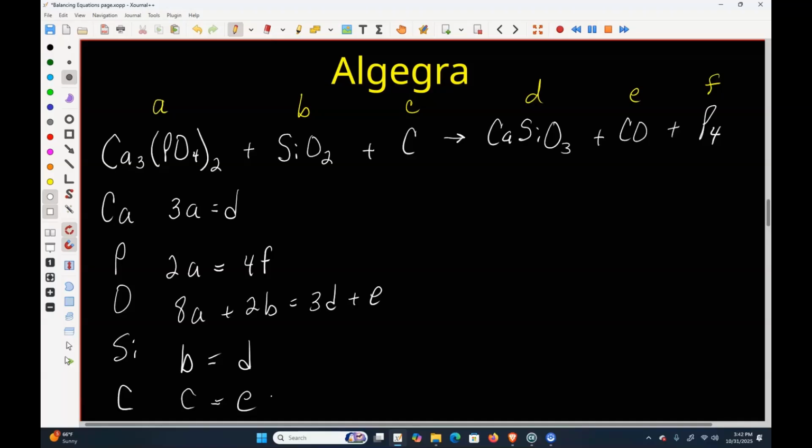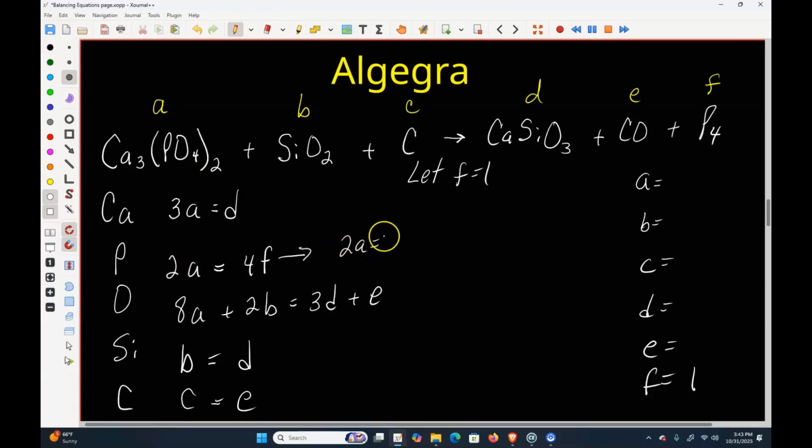Okay, let's decide which variable is the smallest. Okay, F looks much smaller. So I'm going to let F equal 1. So if F equals 1, then this equation, 2A equals 4.